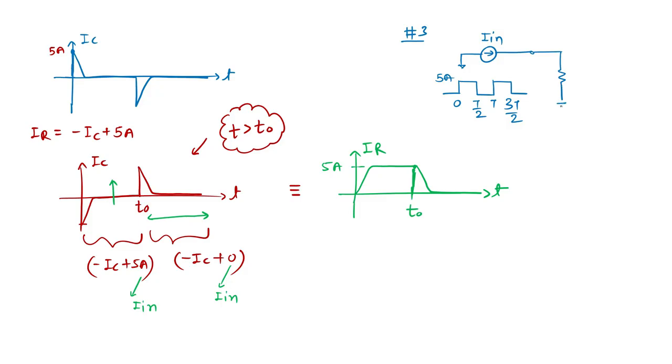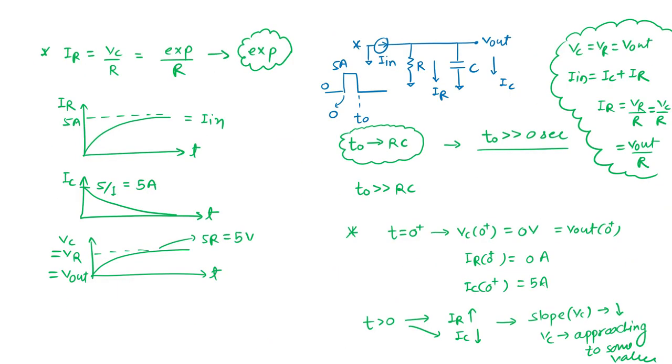This is my resistor, and this is the capacitor. So this circuit we can analyze simply. One case we were considering from the very starting, where T naught is much greater than the RC.